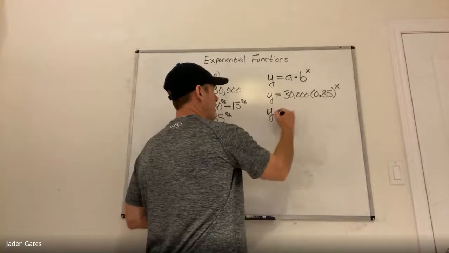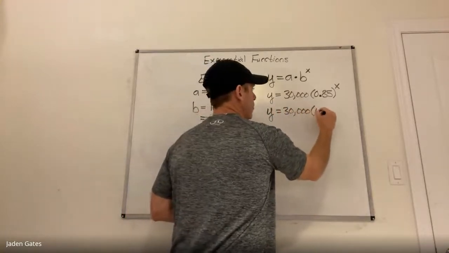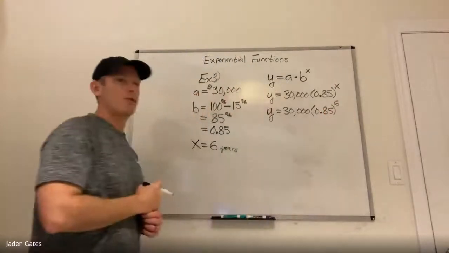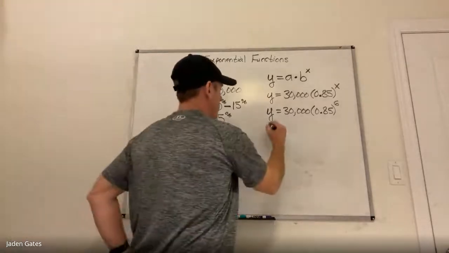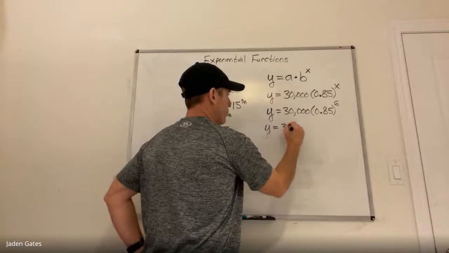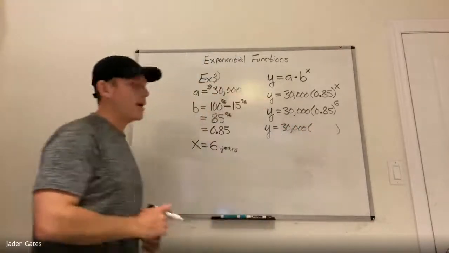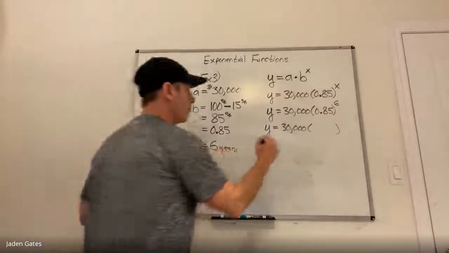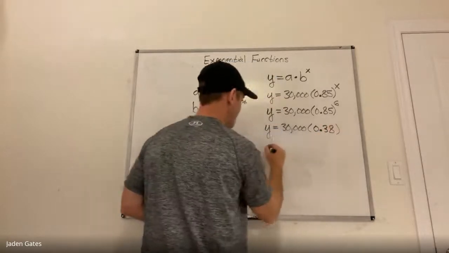And so I have y equals 30,000 times 0.85 to the power of 6, because we're looking at 6 years. All right, so once again, I'm going to do my exponent there first. And so 0.85 to the power of 6, I'm looking at 0.38 to 2 decimal places.